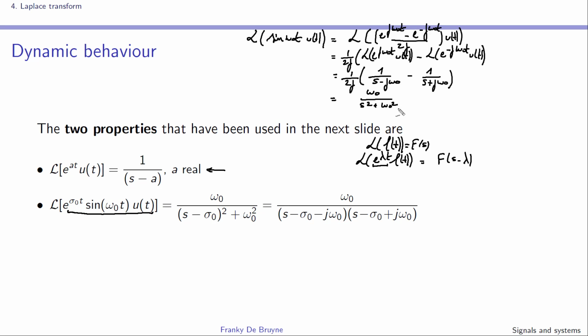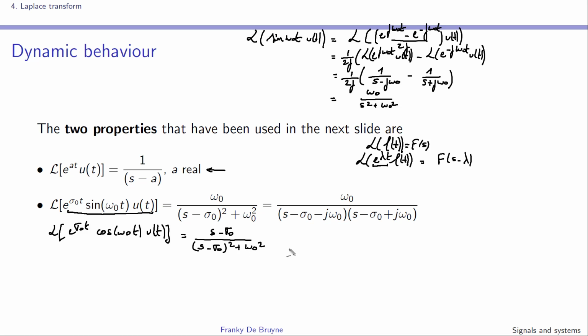We take this one over here and we replace s by s minus sigma 0 that you have over here. We could have done something similar with the Laplace transform of e to the sigma 0 t cosine omega 0 t u of t, and you would have had something like this, right?